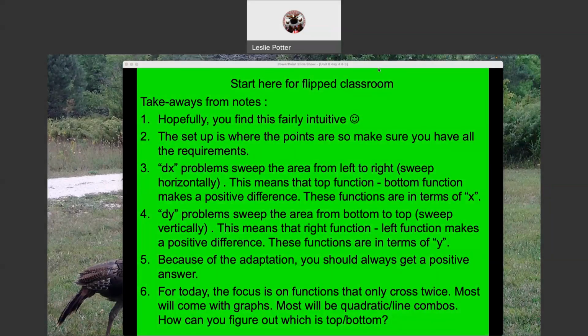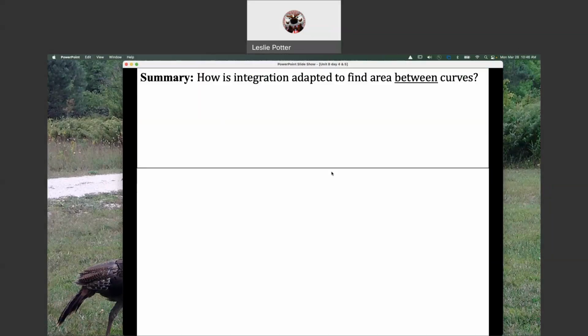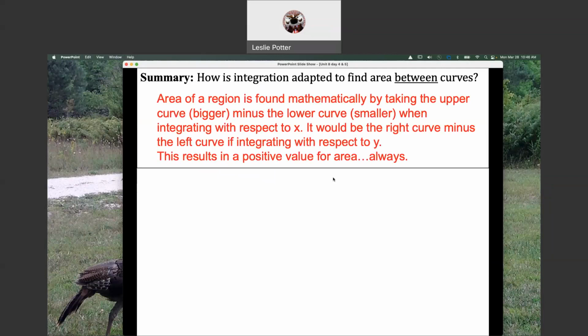Okay. So how is integration adapted? It's a long answer to the summary question. The area is found mathematically by taking upper curve minus lower curve. Probably is the operative phrase. Upper curve minus lower curve for dx problems, right curve minus left curve for dy problems.